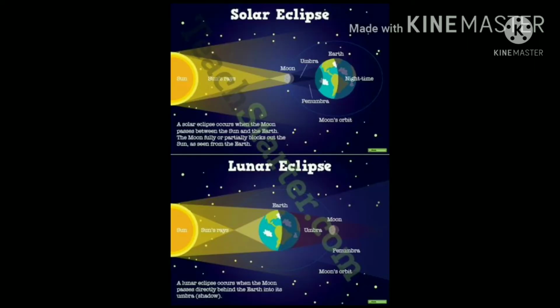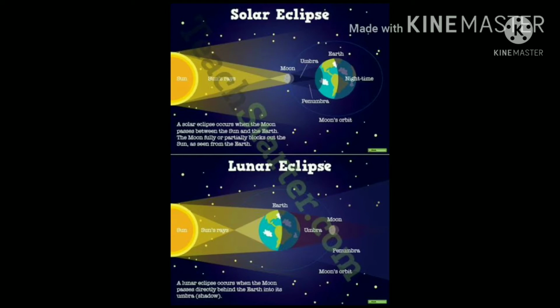Have you heard about eclipse? I would like to share some points about the eclipse. An eclipse is defined as an astronomical event. Astronomical means the events that happen in space or sky.